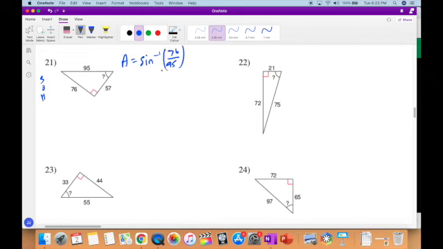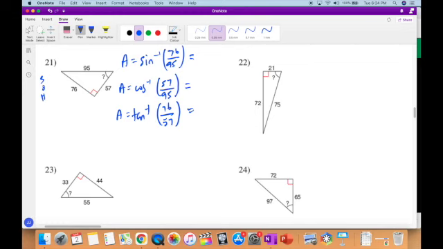A is also the cos inverse of adjacent, which is 57, over hypotenuse, which is 95, and A is the tan inverse of opposite, which is 76, over the adjacent, which is 57. Opposite over adjacent, yeah? And see if you guys get the same answer for all of these.